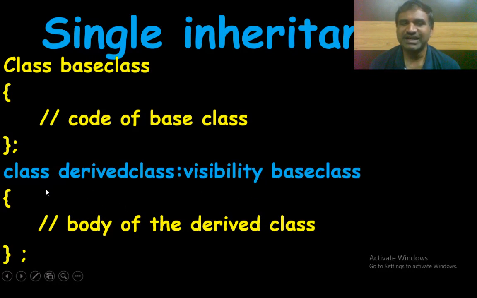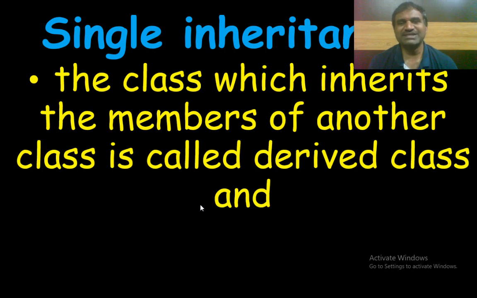The derived class will derive the features from the base class. The base class is called the parent class or superclass, and the derived class is called the subclass or child class. The class which inherits the members of another class is called the derived class.